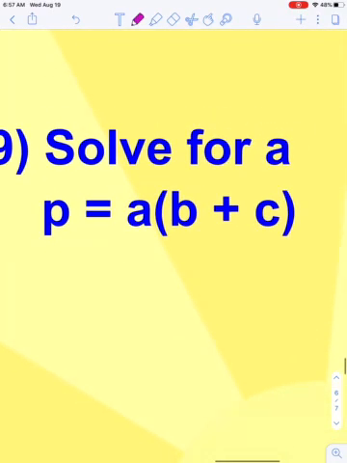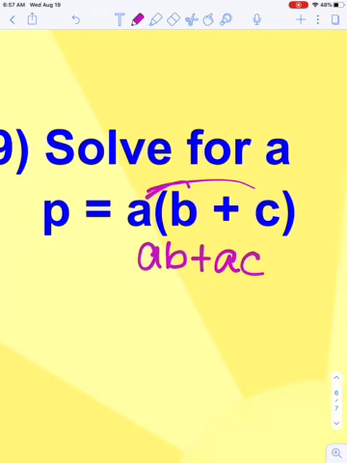All right, one more. This one's tricky. My instinct, and probably your instinct too, is that you see parentheses and you automatically want to distribute and get AB plus AC. But then you look at what you're supposed to be doing.